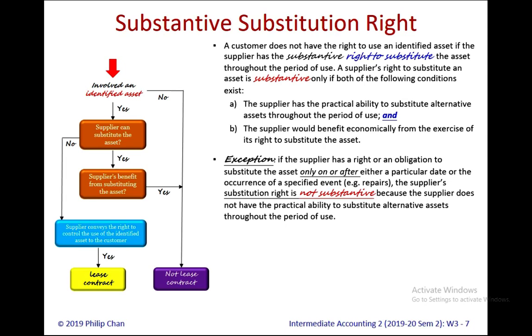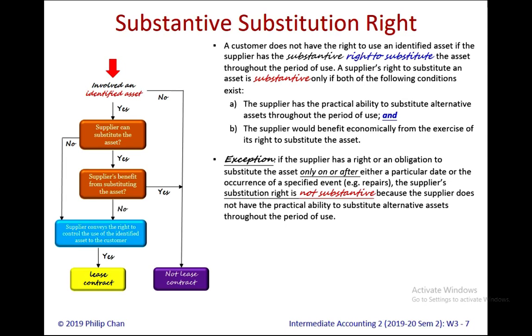only on or after either a particular date stated in the contract or a specific event, such as when the asset doesn't work and needs repairs, then the supplier's substitution right would not be considered substantive.